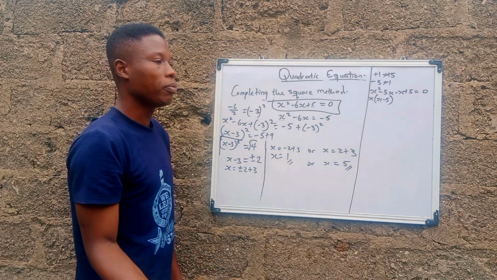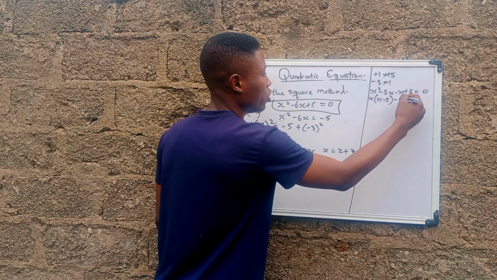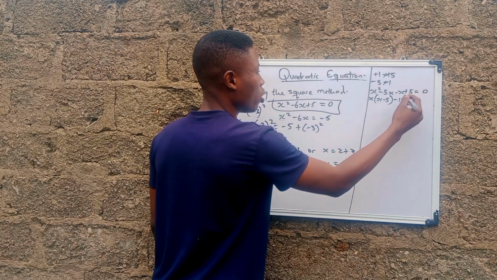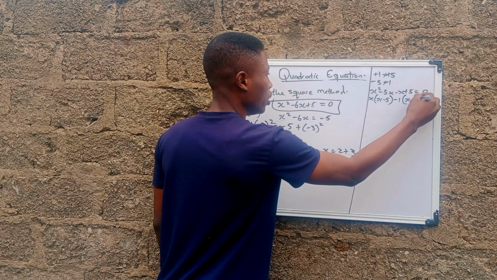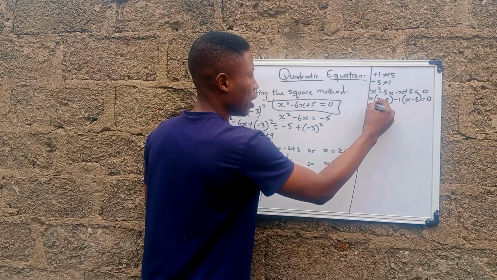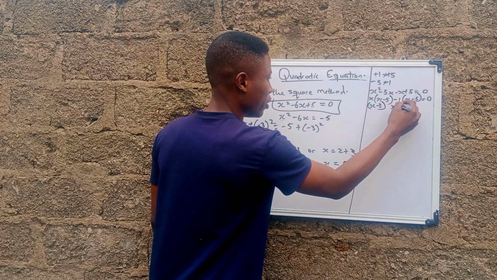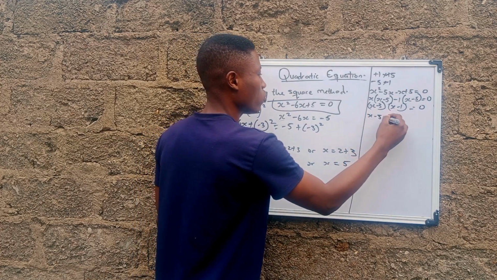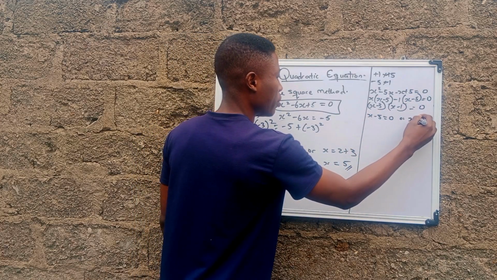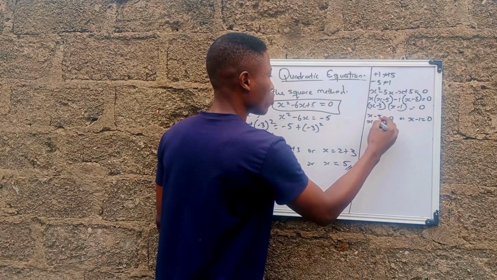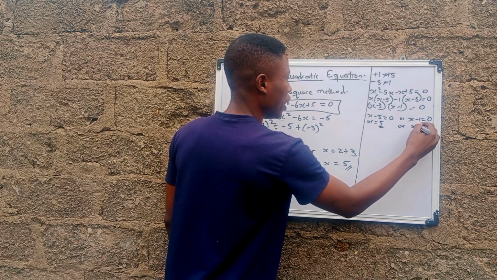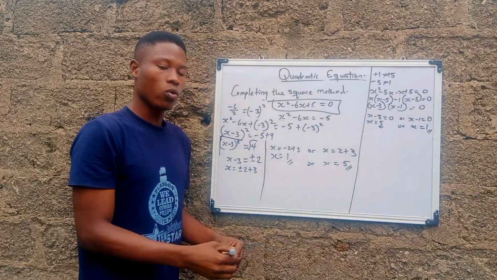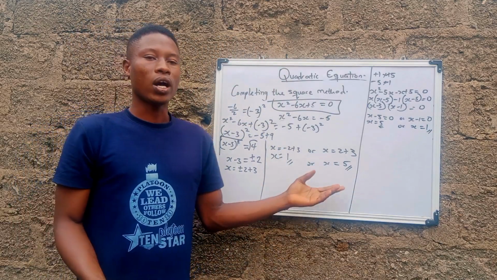So I'll be dividing it by -1, which means -1 is common to both of them. And this x becomes positive, and this one becomes negative. And I have (x - 5)(x - 1) = 0. So x - 5 = 0, or x - 1 = 0. Your x equals 5, or your x equals 1.